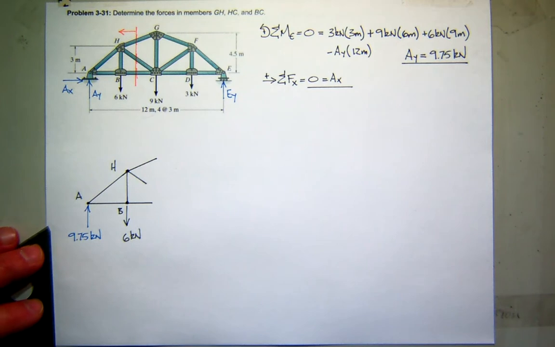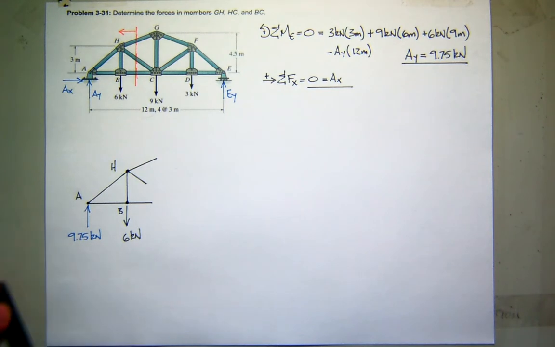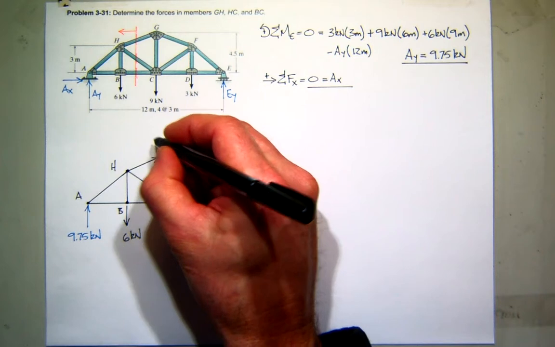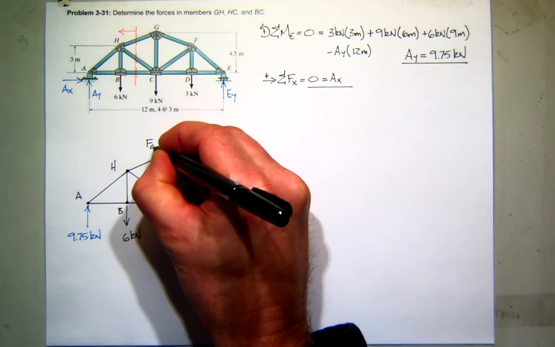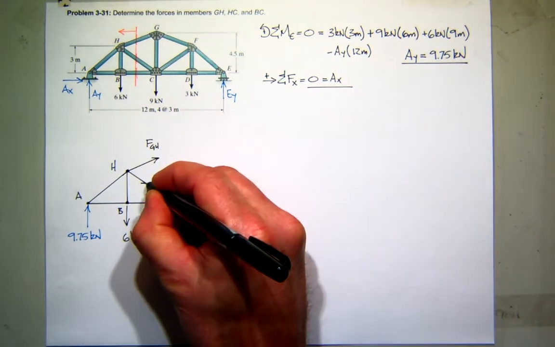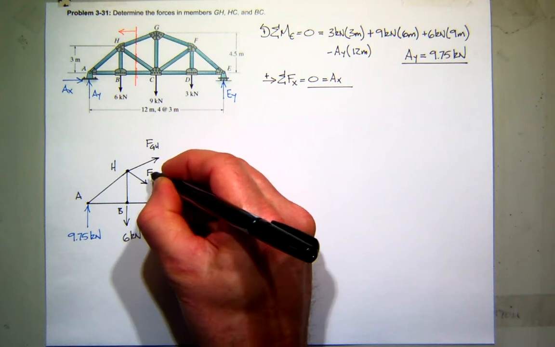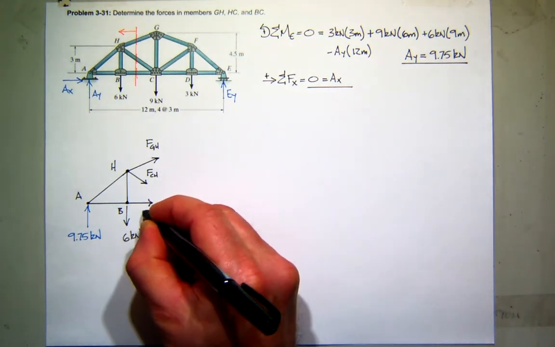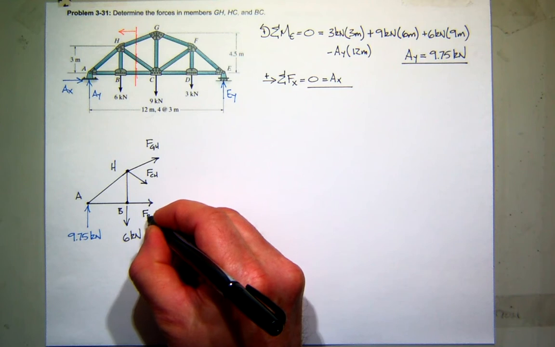Nothing in the X. And then I'll have my bar forces. So the first one will be the force in GH. This one will be the force in CH. And this one will be the force in BC.